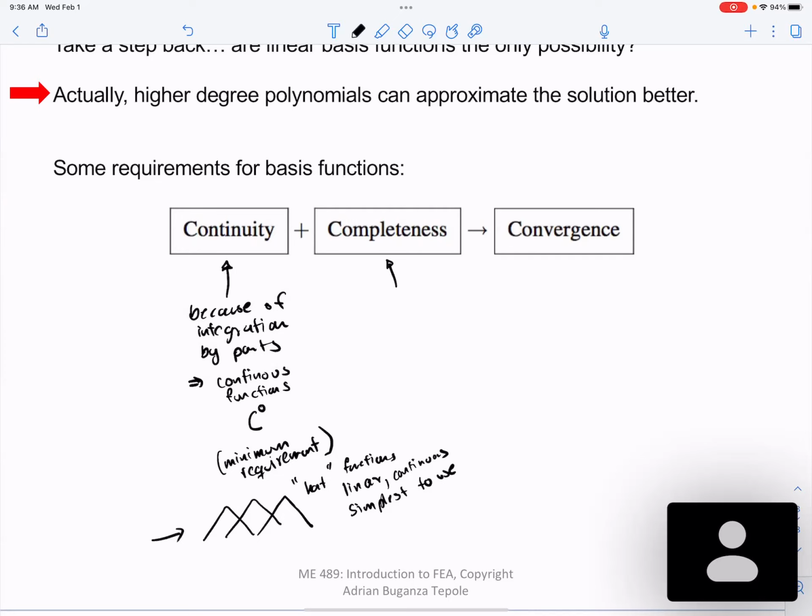When we introduce these hat functions, is basically what are all the functions that we can describe by some of these hat functions. And so you can imagine that these hat functions define basically a space in which you can look for solutions. Completeness just means that for a given polynomial degree, we can interpolate any polynomial of that degree.